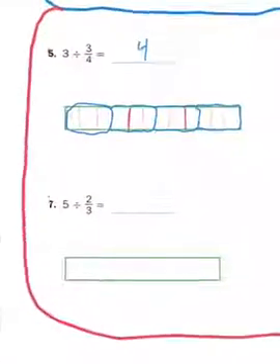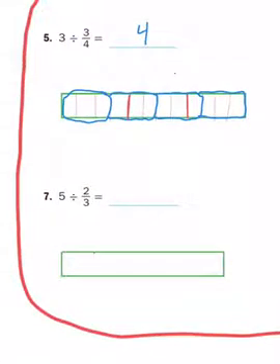All right, how about 7? Let me start with my 5 wholes. Each whole is split into thirds. So let me split them into thirds. Now the question is, how many 2/3 can I get out of 5? So I'm going to circle all of my 2/3.